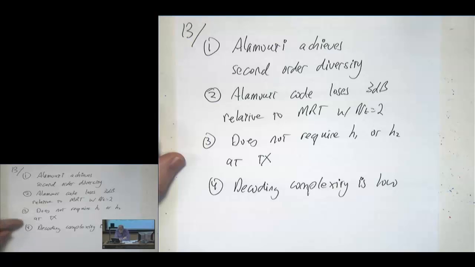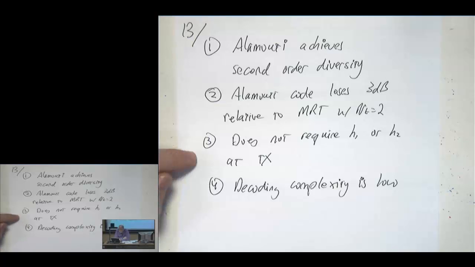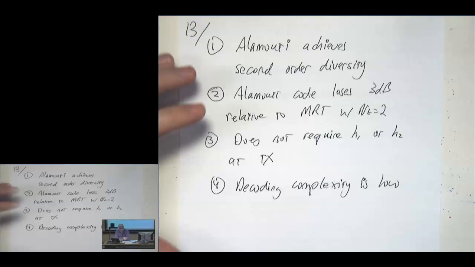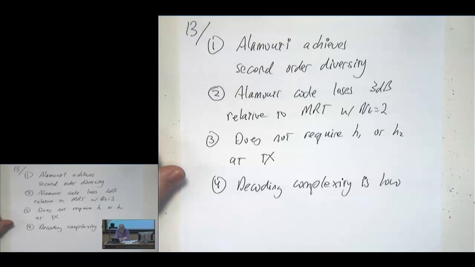Or they require a little bit of feedback, or they require higher decoding complexity. So this is just a very special case that you just kind of get everything, but otherwise it's going to be more complicated. And none of those other codes have really, to my knowledge, been part of any commercial standards. So it's really just the Alamouti code that's received the most attention here.